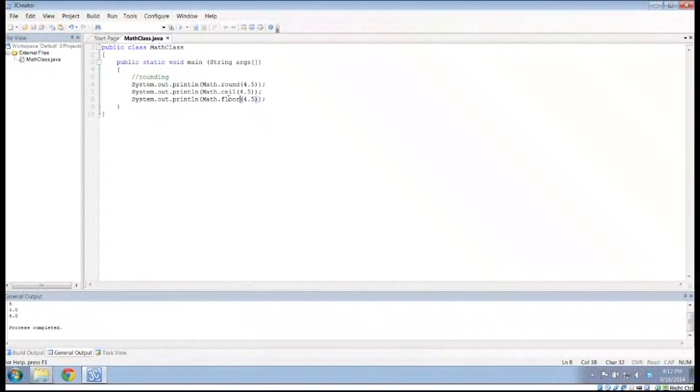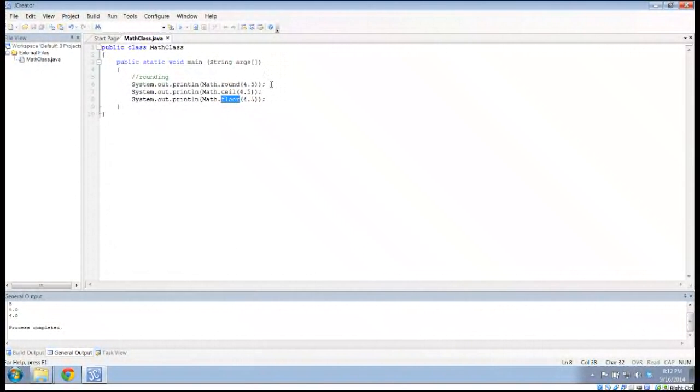So there are situations where instead of doing our traditional rounding, in other words, rounding up if it's 0.5 or higher, rounding down if it's between 0 and below 0.5, I may need to automatically round up no matter what, or I may need to automatically round down no matter what. And so the math class allows us to take care of that.